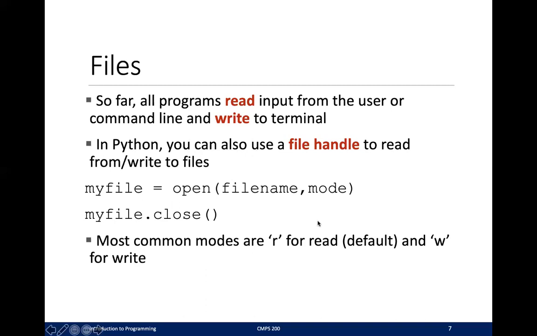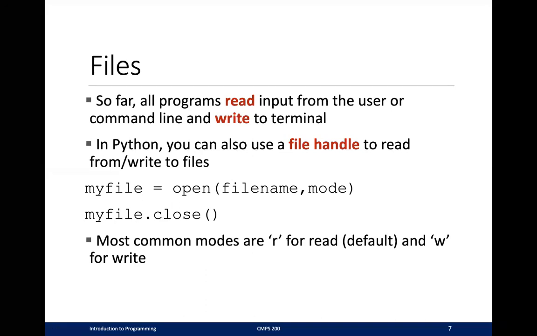So R is for read. That's the default. If you don't specify a mode, it's going to be just for reading. And W is for write. I have to specify for the Python interpreter whether I need the file to be open for reading, writing, for both, and so on. So there are other options like append and so on. But we'll look at two examples, one for read and one for write.